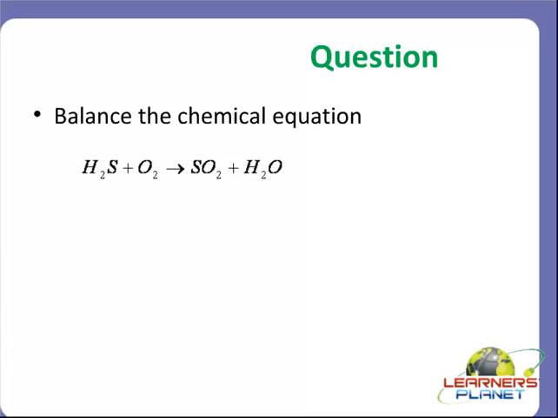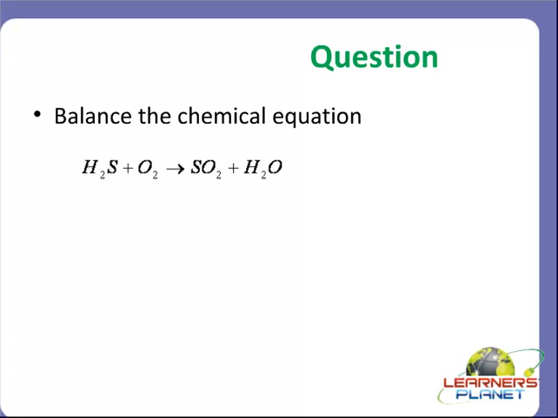What is the chemical equation, students? It is H2S, that is hydrogen sulfide, reacting with oxygen forming SO2, that is sulfur dioxide, and water.